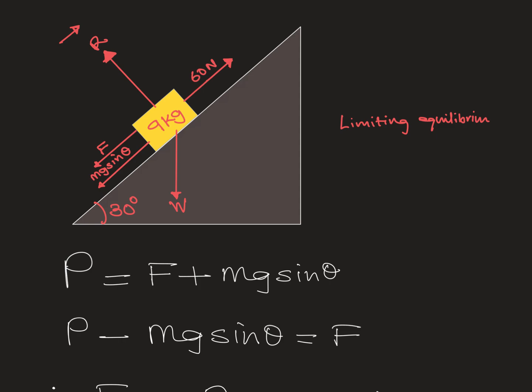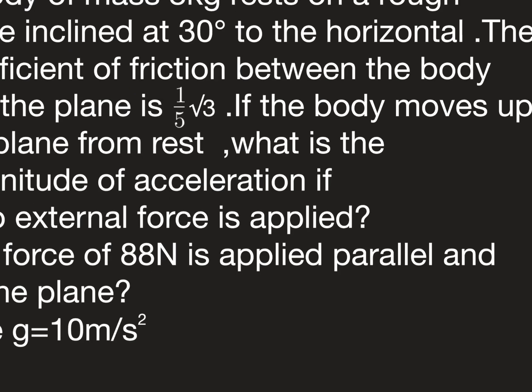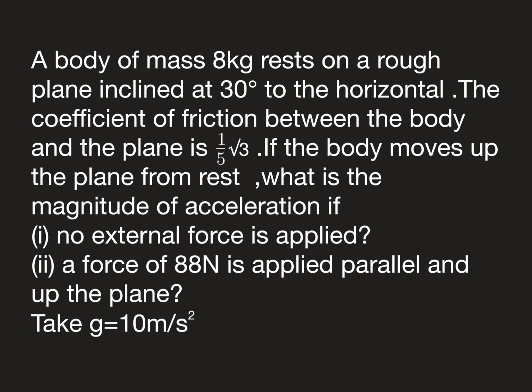Moving on to the second question. We have a problem here that reads: a body of mass 8 kilograms rests on a rough plane inclined at 30 degrees to the horizontal. The coefficient of friction between the body and the plane is 1/5 root 3.